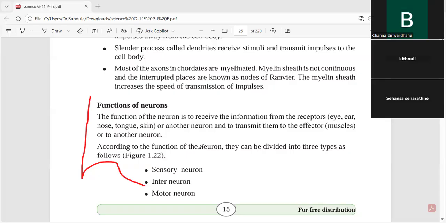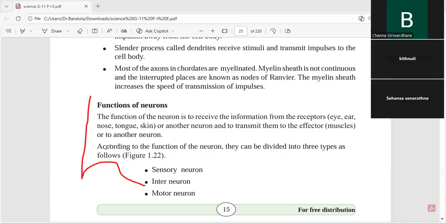There are millions of neurons within our brain. Actually, the brain is a major part of our nervous system. And yeah, you will learn again, right?